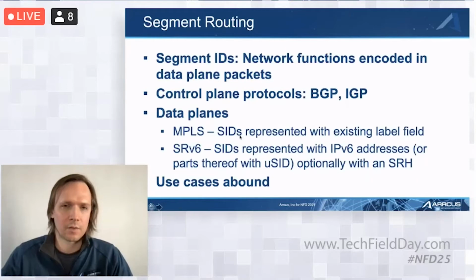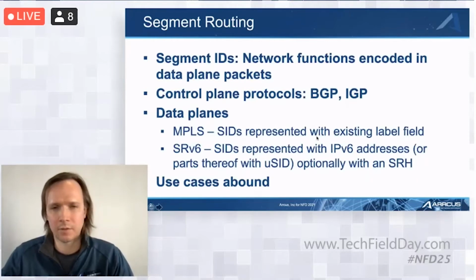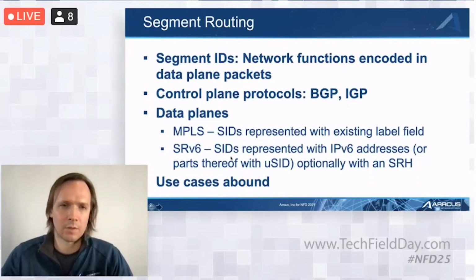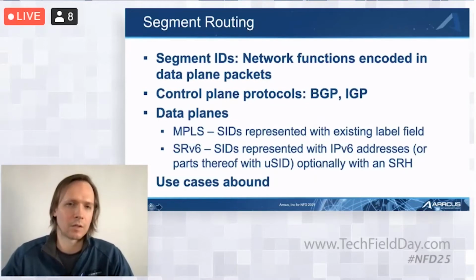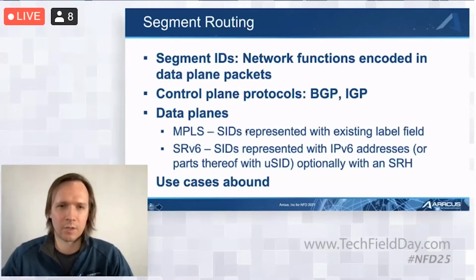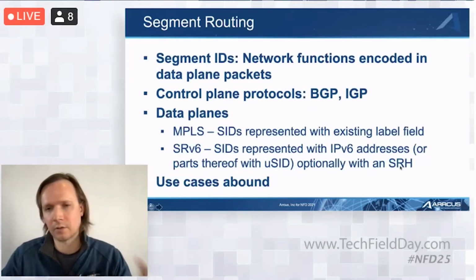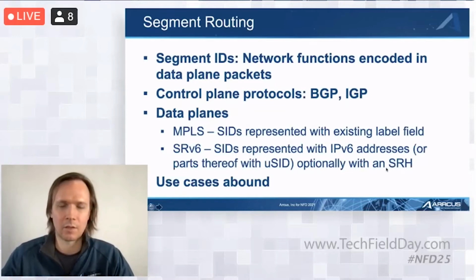And with MPLS, it's reusing the existing label field to represent a segment ID. And with SRv6, it's using the existing IPv6 destination address field to represent a segment ID. In addition to that, with MPLS, with the concept of a label stack, with SRv6, there's a concept of an SRH or routing header that contains the other segment IDs that are in the packet to be processed in order.